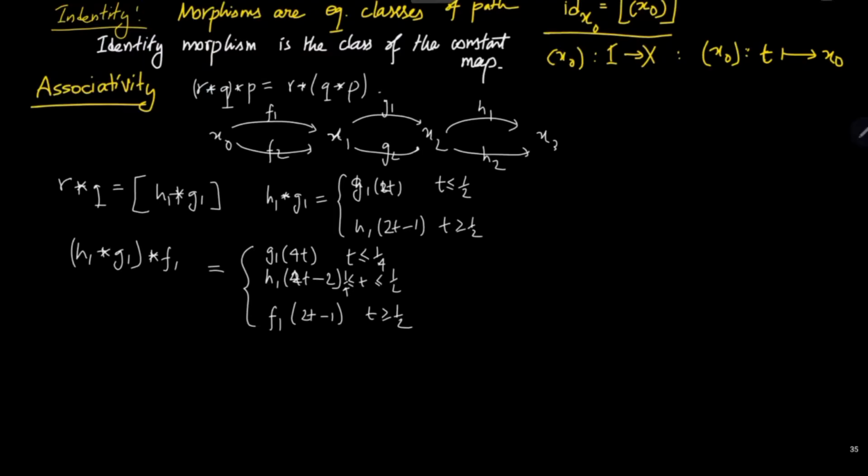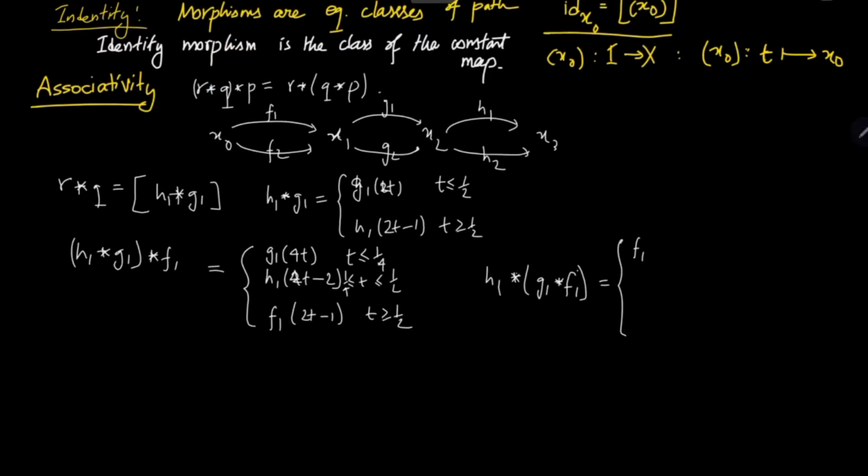Now on the other hand, h1 starting with g1 star f1 is equal to this map. It is getting messier and messier, but okay, we can deal with it.